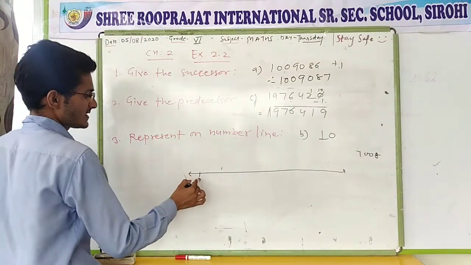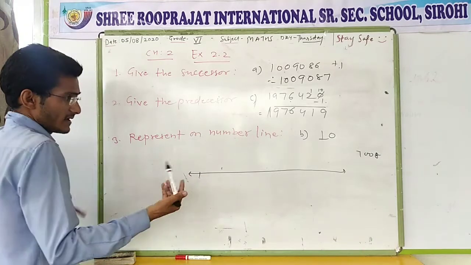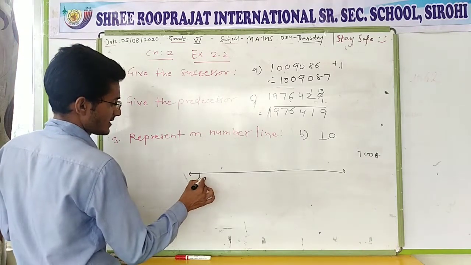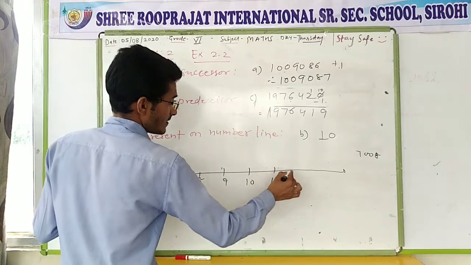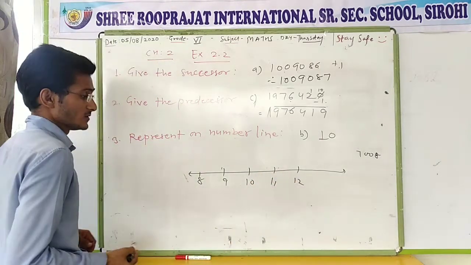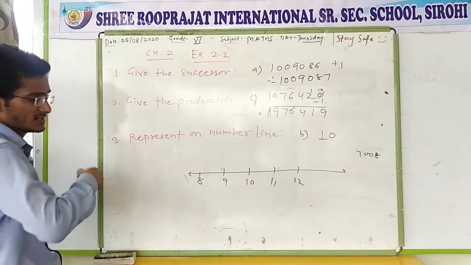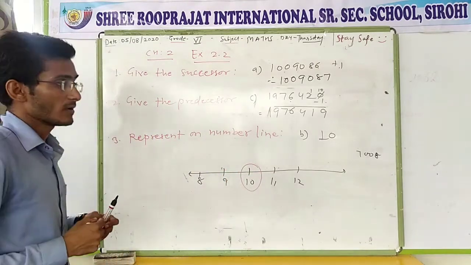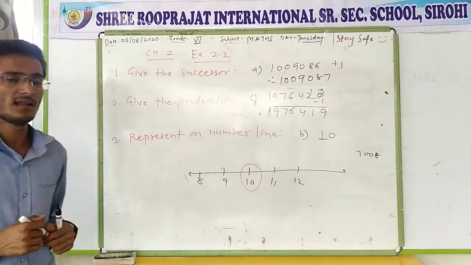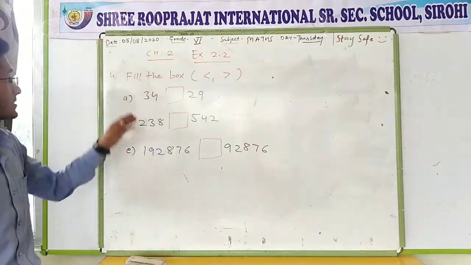It is not compulsory that I start with 0. I can start with any number, like I start with 8, then 9, 10, 11, 12. Okay. So now where is my answer? I have to just mark this. You will make a circle. That is your answer. Okay. There is number 10 on the number line. Yes.